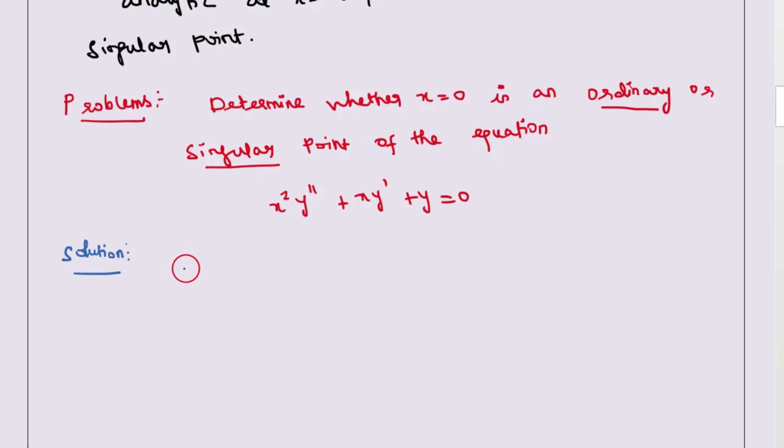What is the standard form? y double dash plus p of x y dash plus q of x y. First we have to change it into the standard form, before checking whether it is analytical or not. The given equation is equation number 1.